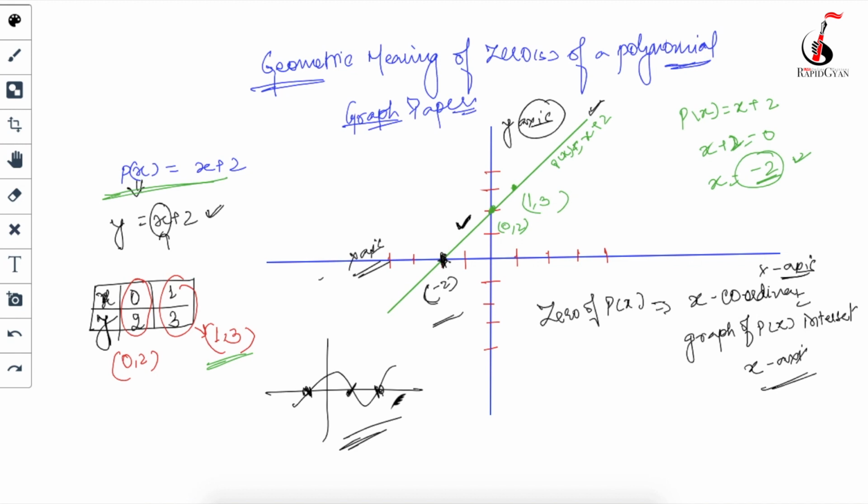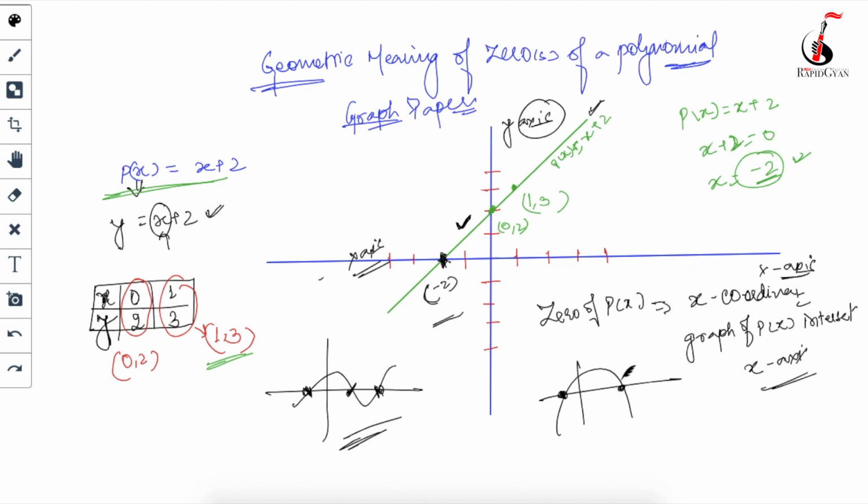The number of times a graph intersects the x-axis is equal to the number of zeros of the polynomial. Suppose there is a graph like this. In this case, how many zeros? This graph is intersecting your x-axis at 2 points.